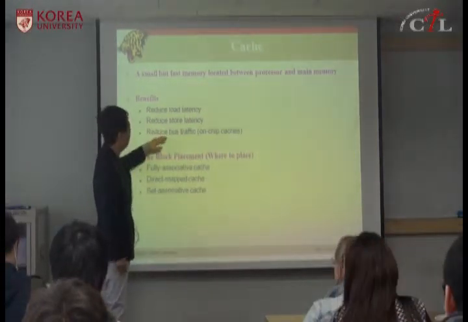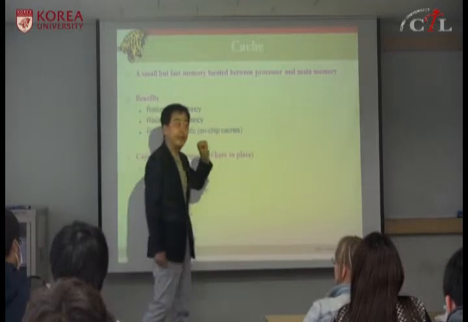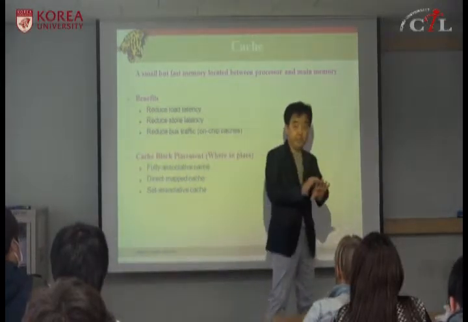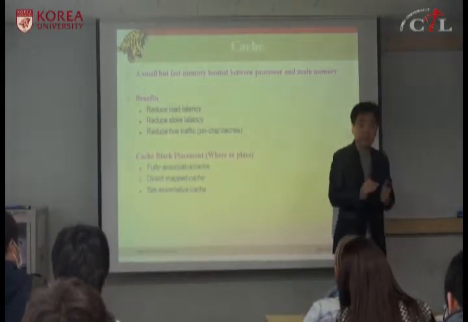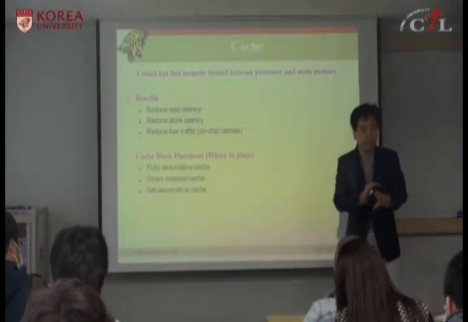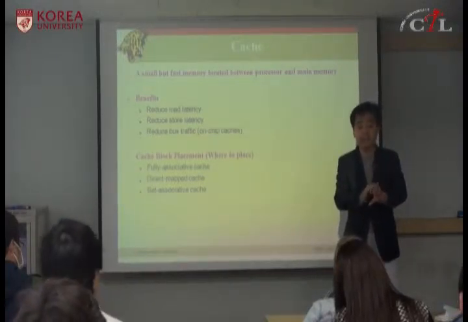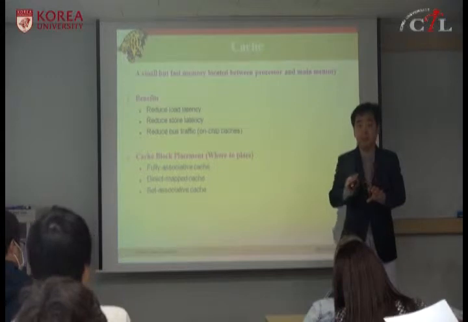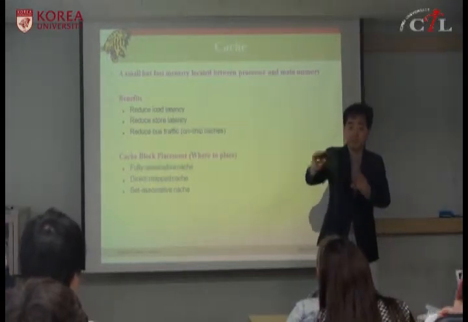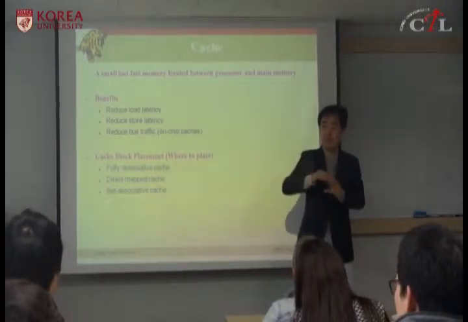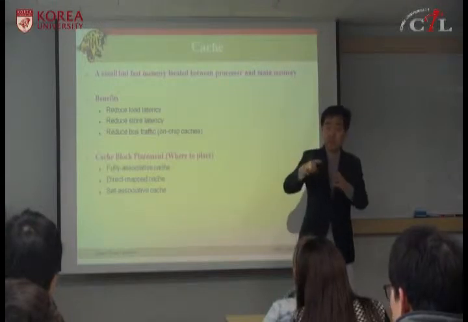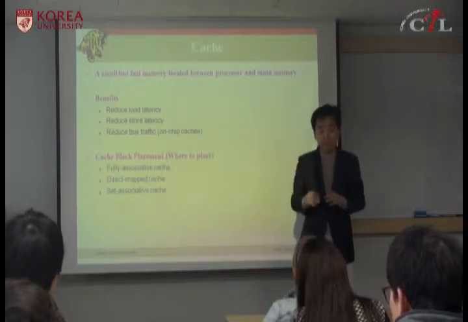And it's good because it can reduce bus traffic. Usually caches are on chip, right next to the pipeline. So if you don't have cache, every memory load or store should go off chip, which means to the I/O pins, and bus, and so on.